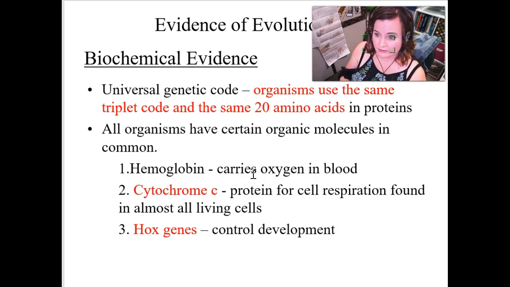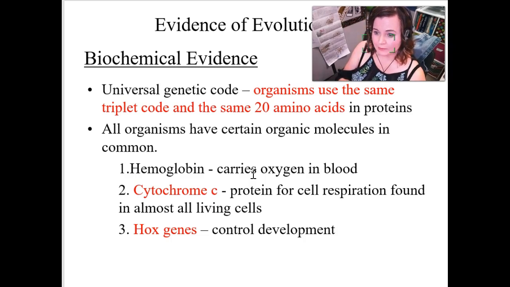Just a few things here, for example, hemoglobin and cytochrome C. Both of these proteins are interesting because they're shared by many different organisms. In fact, with cytochrome C, almost all living cells contain cytochrome C, and many different animals contain hemoglobin.